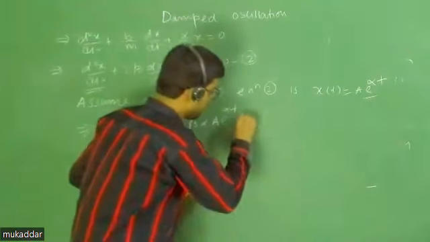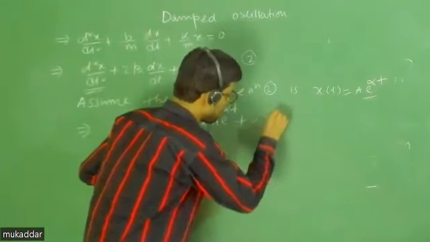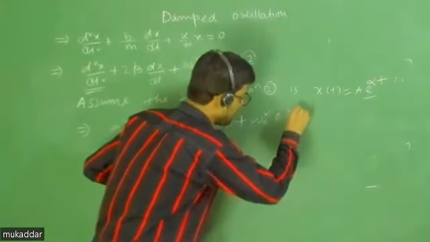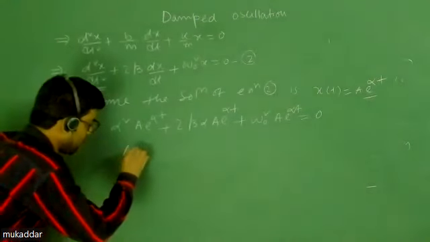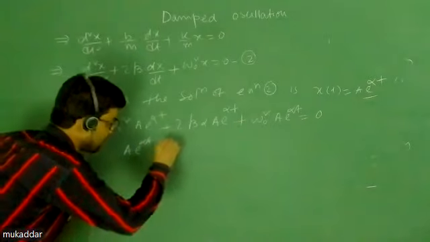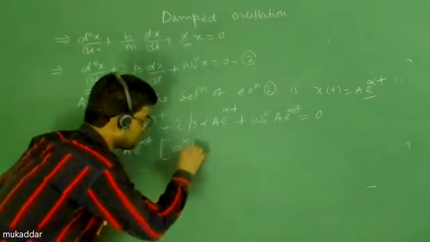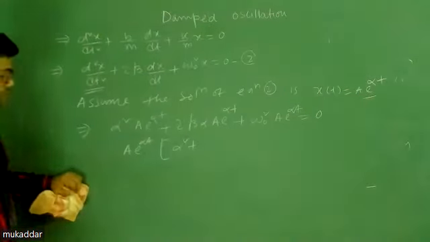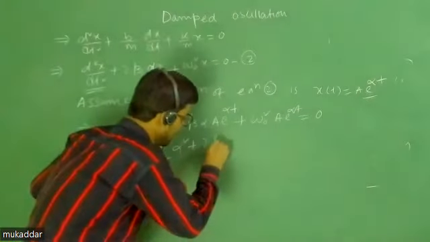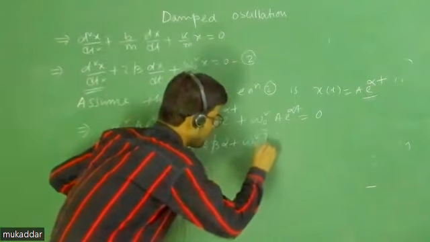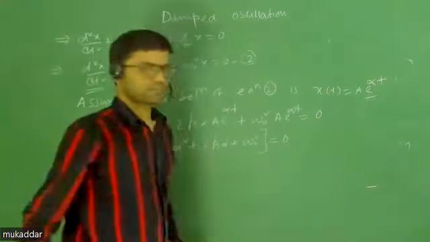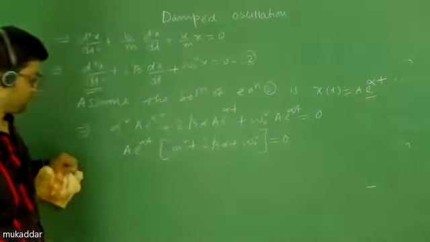And in the last term you have simply omega naught square a e to the power alpha t, that is equal to 0. Now you can take a e to the power alpha t common, and then you will have alpha square plus 2 beta alpha plus omega naught square, that is equal to 0.